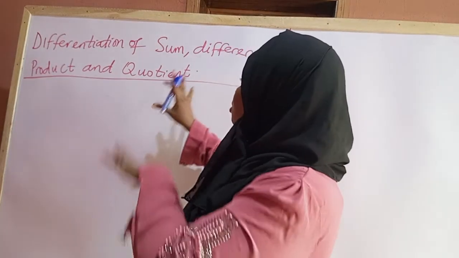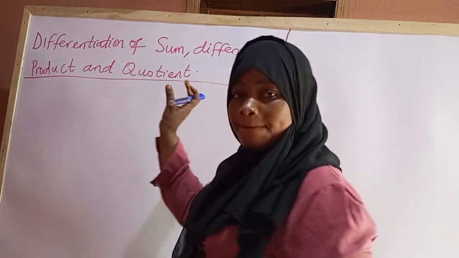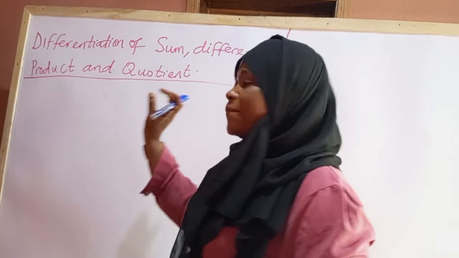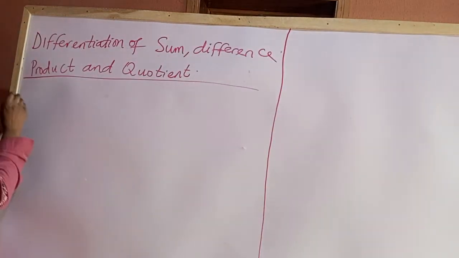So now we want to find the differentiation of sum, difference, product, and quotient. Let's take them one after the other.